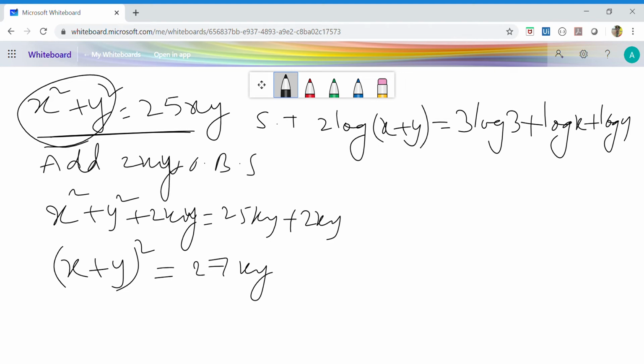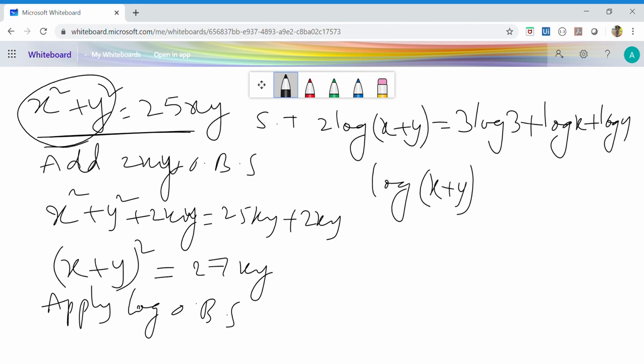Here you can apply the logarithm on both sides. Apply log on both sides. Then you will get log of (x plus y) whole square is equal to log of 27xy.